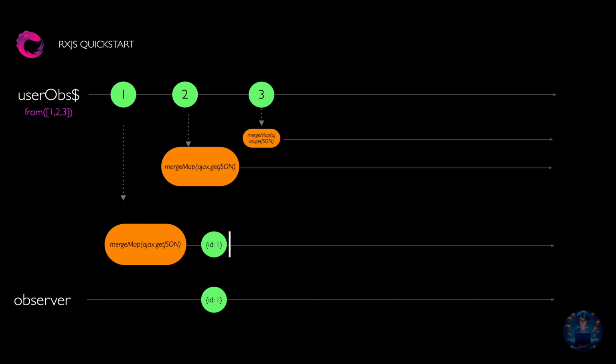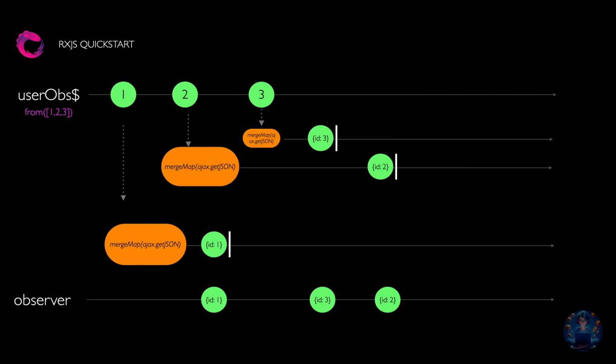For example, here it can so happen that the third Ajax request completes before the second one, and thus the observer might receive the value from the third request before the value from the second. Finally, the second inner observable also completes, and thus the observer will receive this value as well.